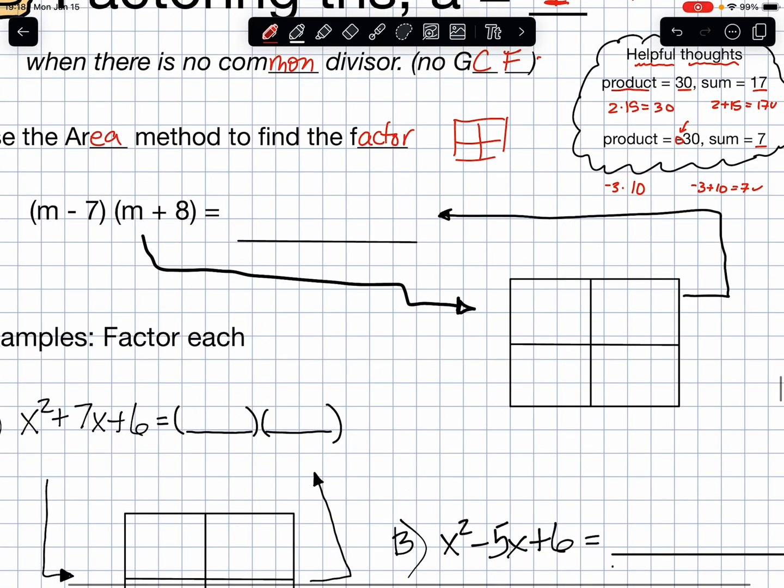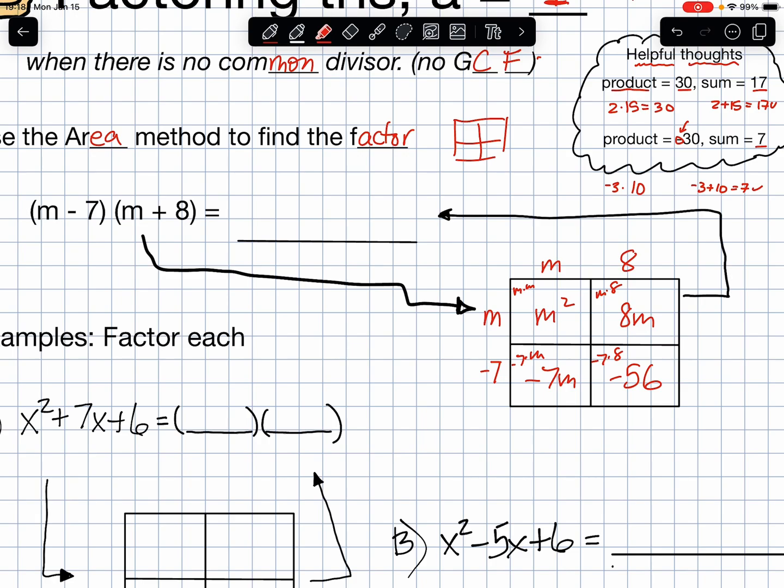All right, you recall that we put the m here, and the negative 7 here, and the m here, and the 8 here. And then we multiply each of those pieces together. So m times m is m squared. M times 8 is 8m. Here it's negative 7 times m, which is negative 7m. And here it's negative 7 times 8, negative 56.